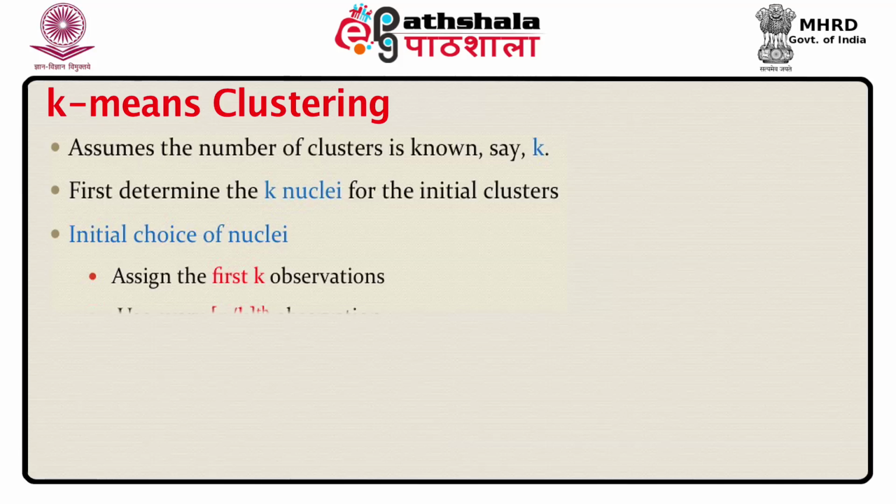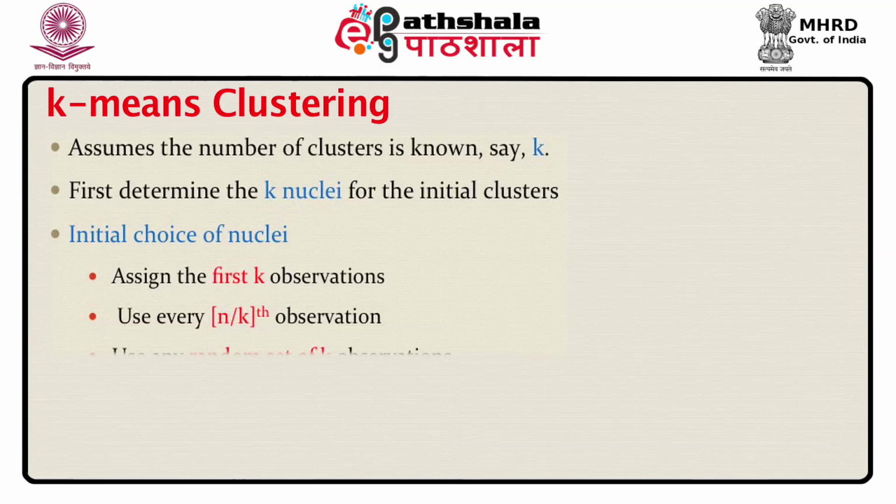To form the initial clusters, we can choose the first k of these observations as the cluster nuclei, or we may take every n by kth observation as a cluster nucleus. In this way, we would get k different nuclei for the k clusters.